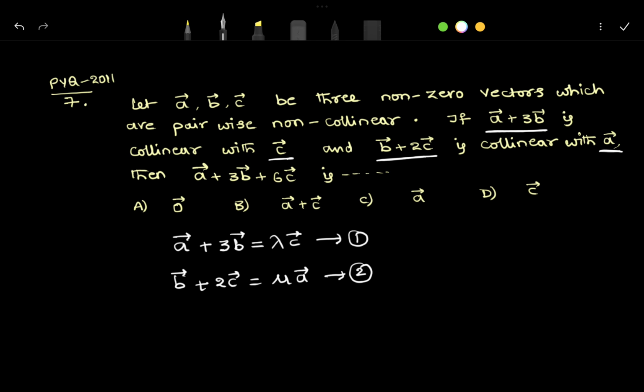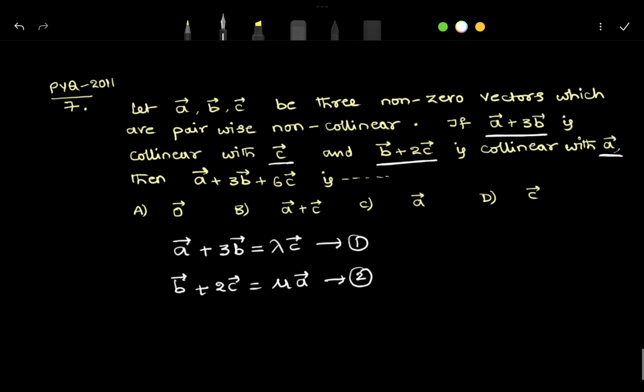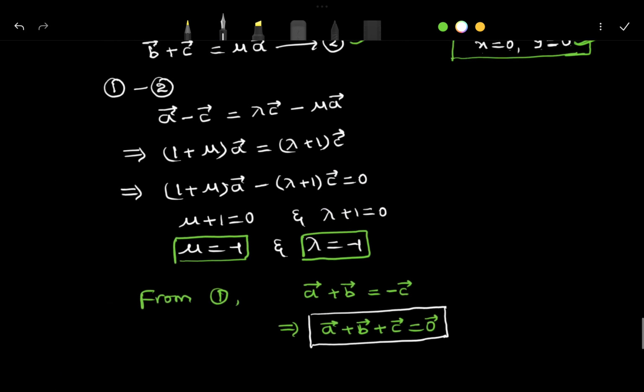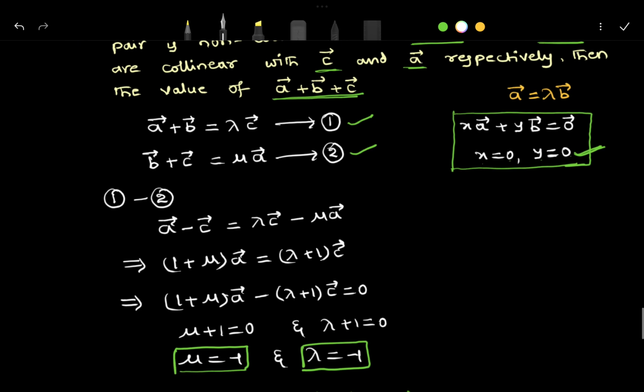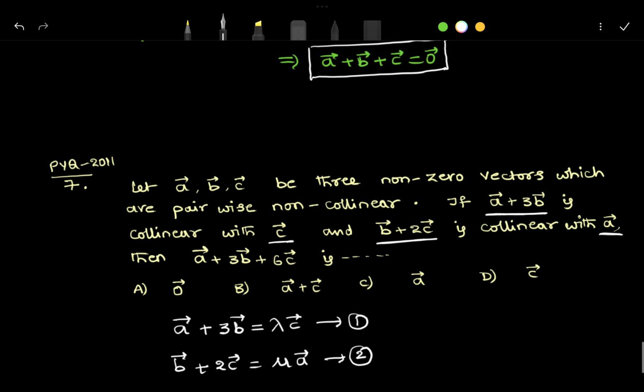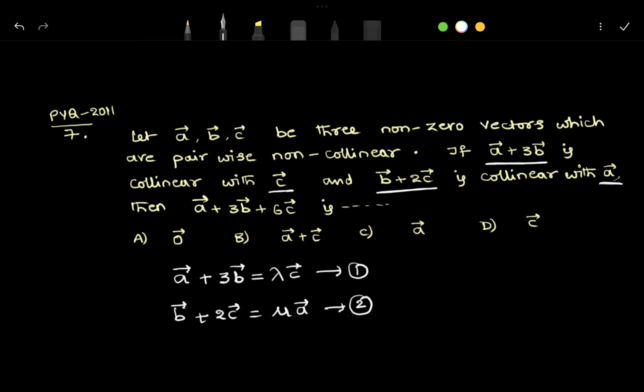Non-collinear vectors means, just as in the above question I told you, if A bar and B bar are non-collinear vectors then x is equals to 0 and y is equals to 0 according to this formula. I hope that everyone can do this problem. You have to find out A bar plus 3 B bar plus 6 C bar, this value. In this problem also your answer will be 0. So I hope everyone will try to do this question.